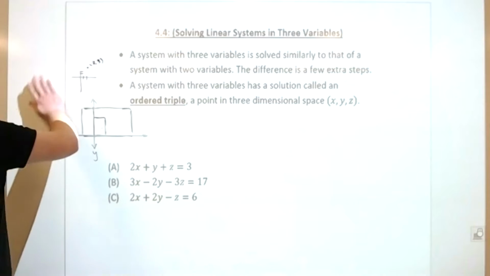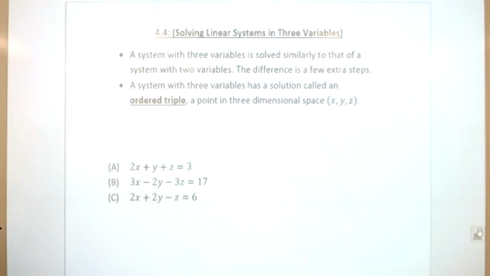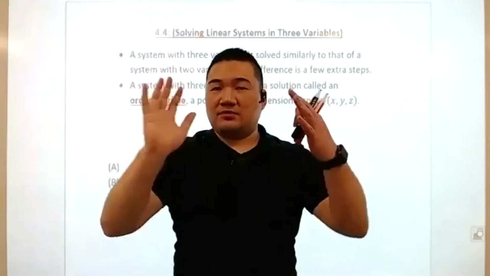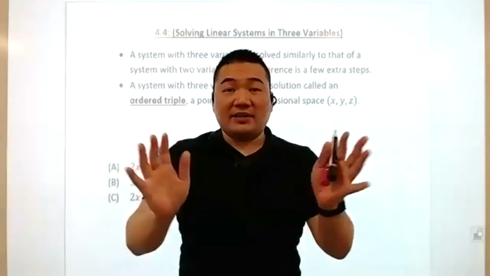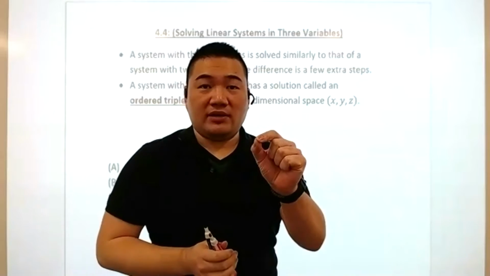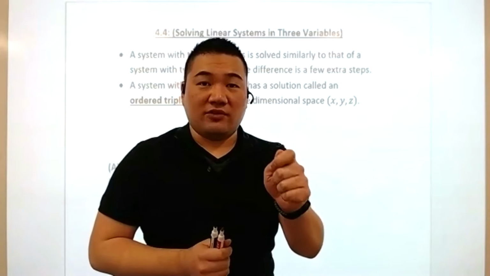And so if you could imagine in front of you, you've got 3 lines, going in whatever directions, but they intersect at exactly 1 point. Well, that 1 point of intersection is what we're solving for.